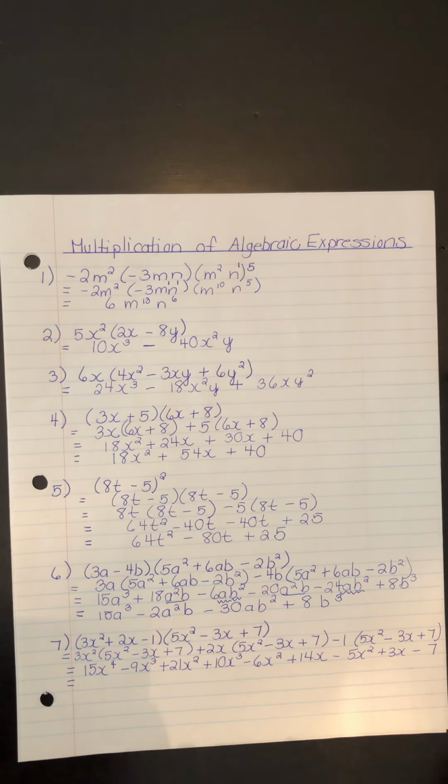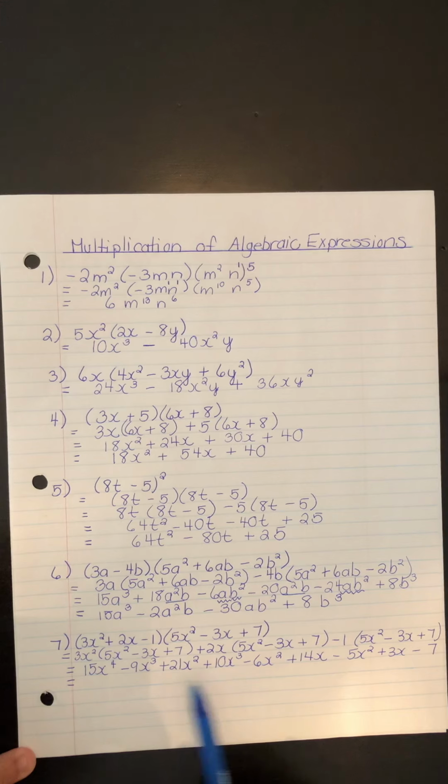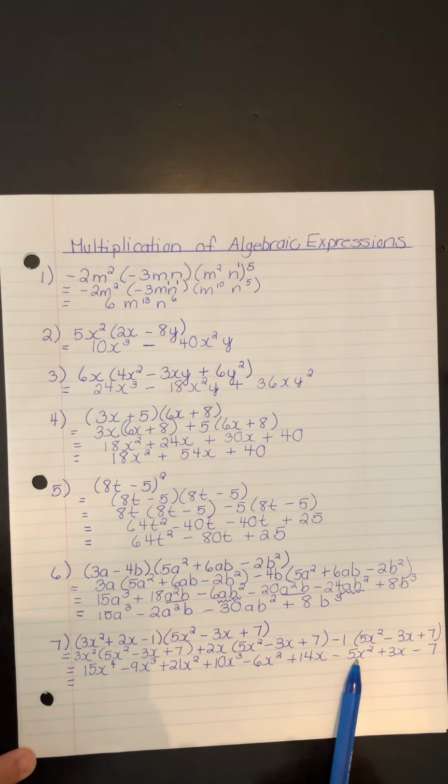Okay, and now we collect like terms. So there are 2 terms containing x cubed. So we'll be collecting these together, negative 9 of them, positive 10 of them. So we will have 1x cubed. There are 3 x squared terms. 21x squared minus 6x squared minus 5x squared. So that will give us positive 10x squared.